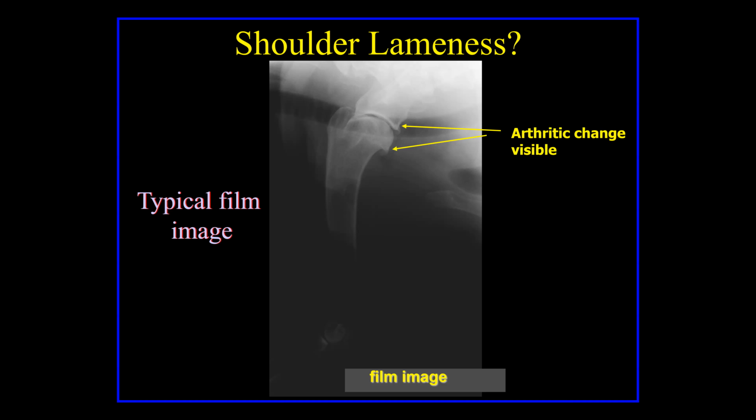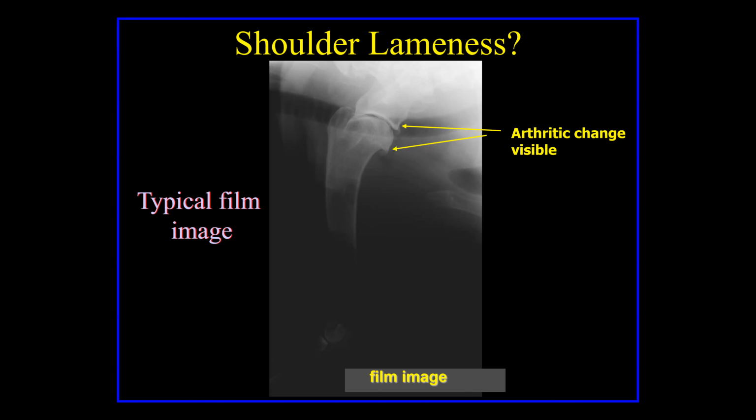But it was very difficult to get good films all the time. It was kind of like magic. Some days it worked and you got great films, and some days they just sucked. That was just the way it was. But the nice thing about digital X-rays, if you have a good digital system, is that it makes it really easy to get nice films every time. Because of that, we can also see so much more, which makes it more diagnostic.